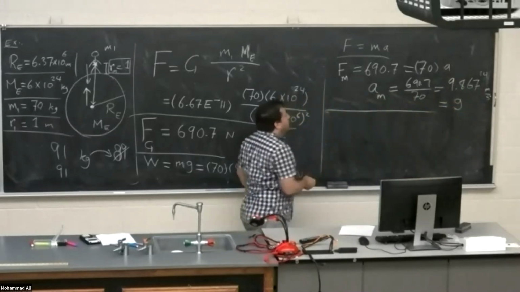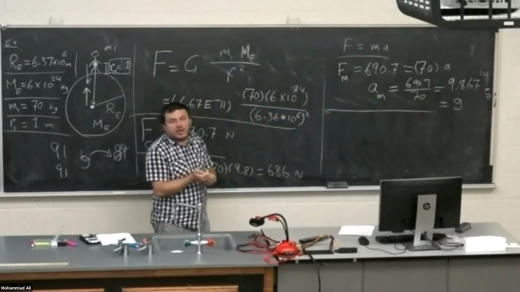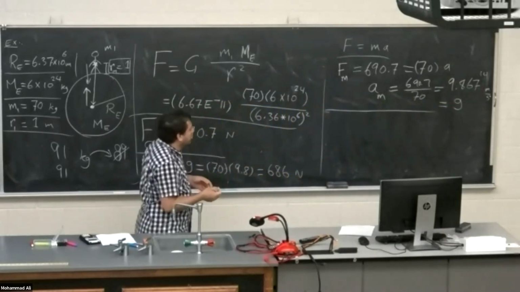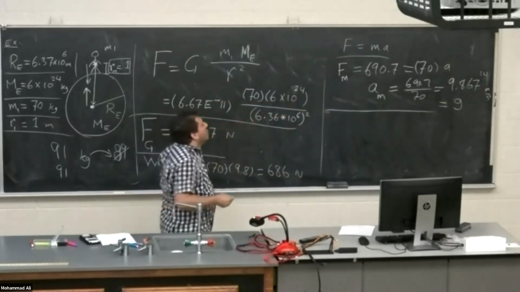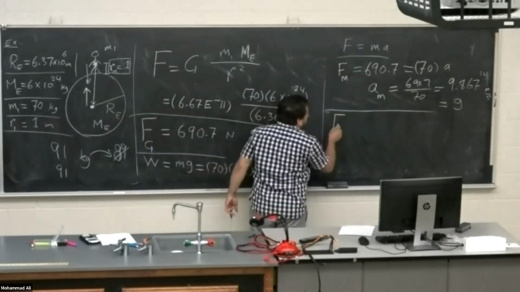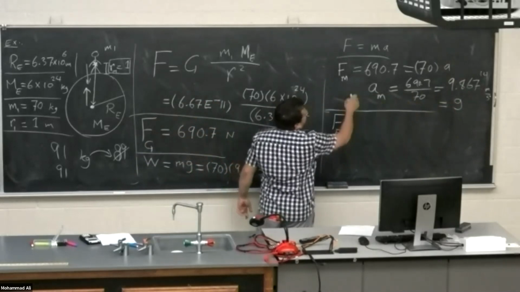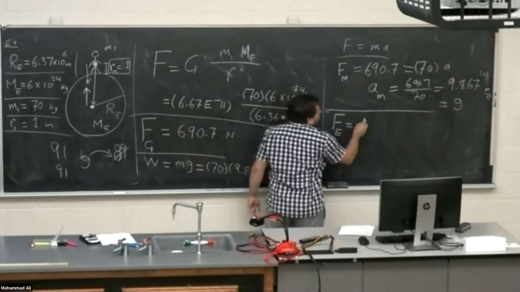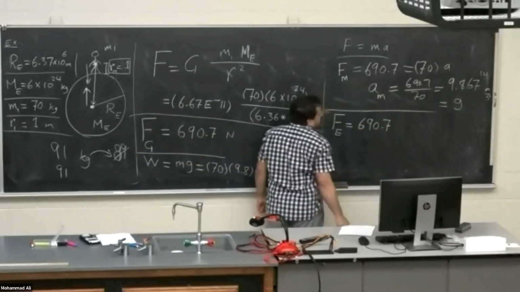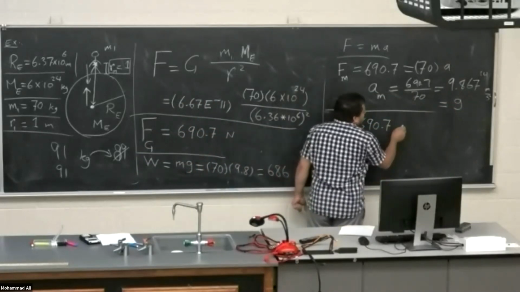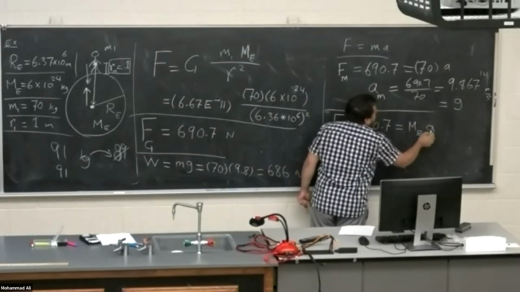Now, what's the acceleration of the Earth? The force on the Earth is the same magnitude, but the opposite direction. So the force is the same, 690.7, equal to the mass of the Earth multiplied by its acceleration.